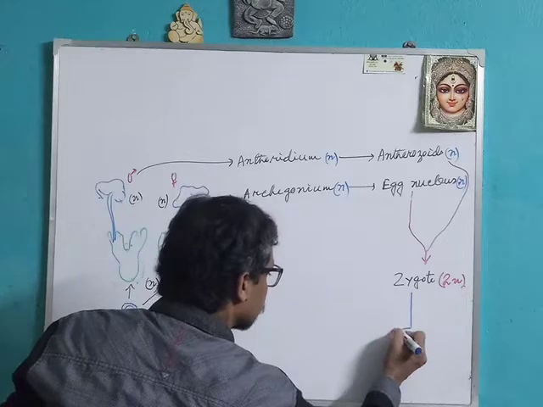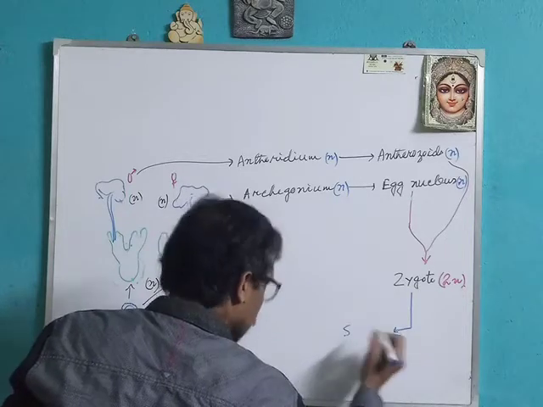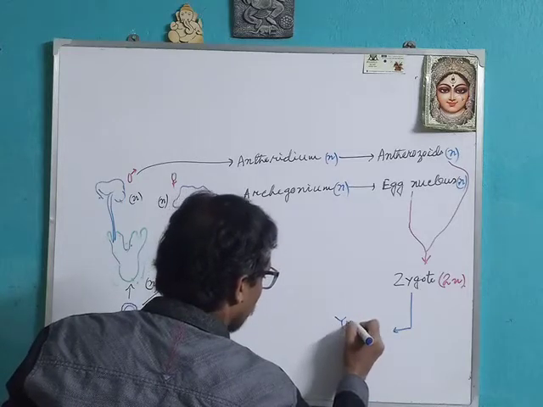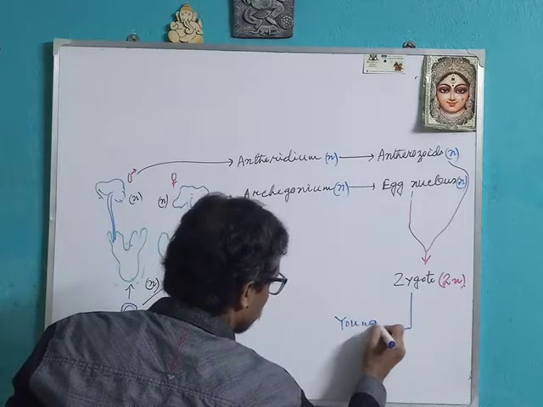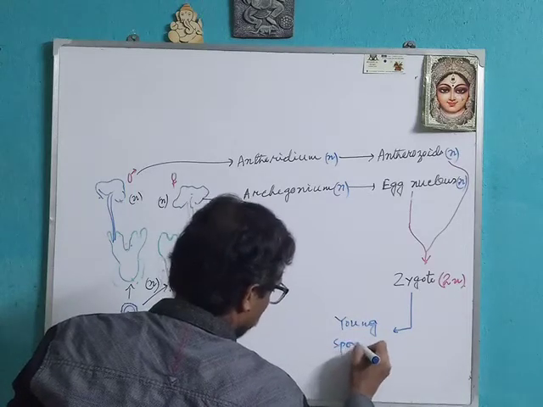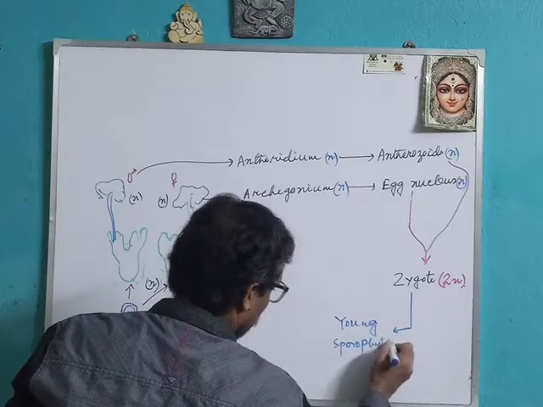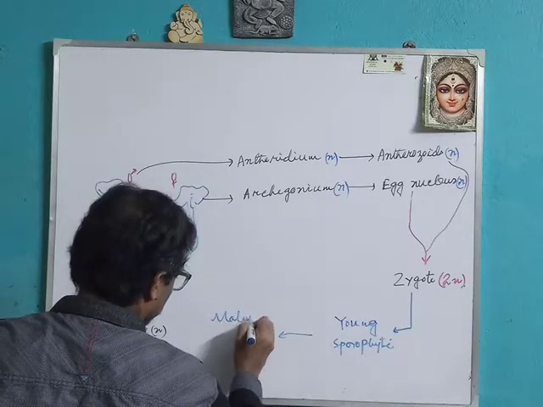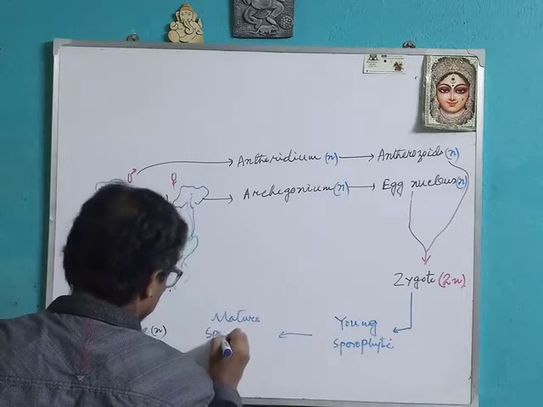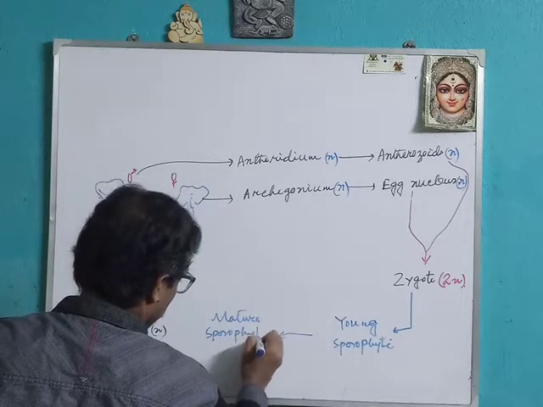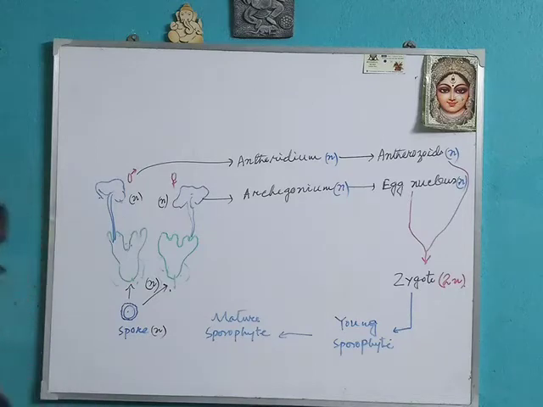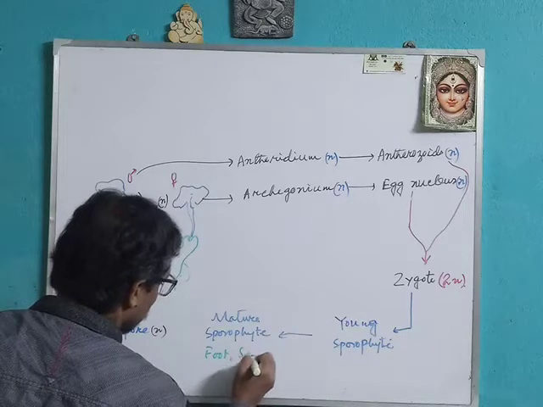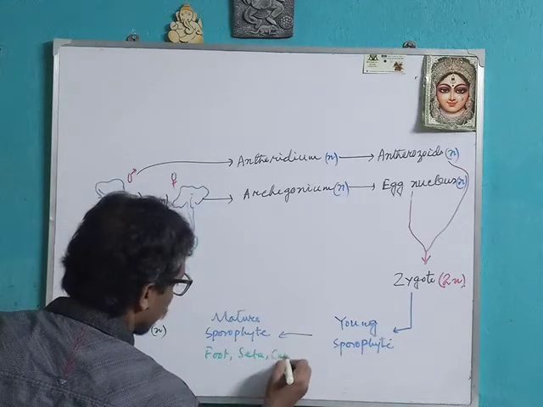From the zygote, the sporophyte is developed. Initially, sir, the young sporophyte, and then the mature sporophyte. The mature sporophyte bears foot, seta, and capsule.